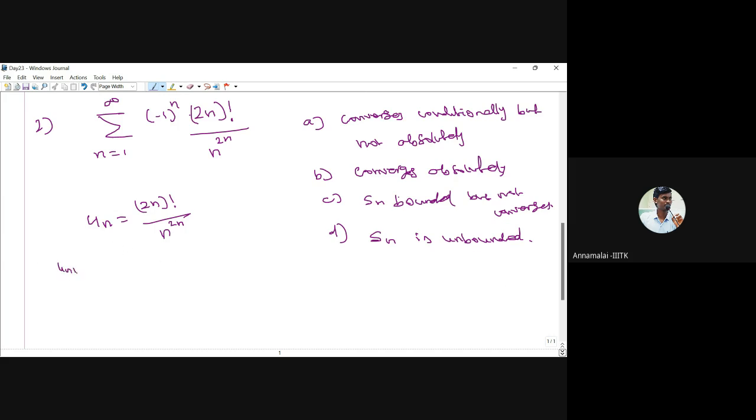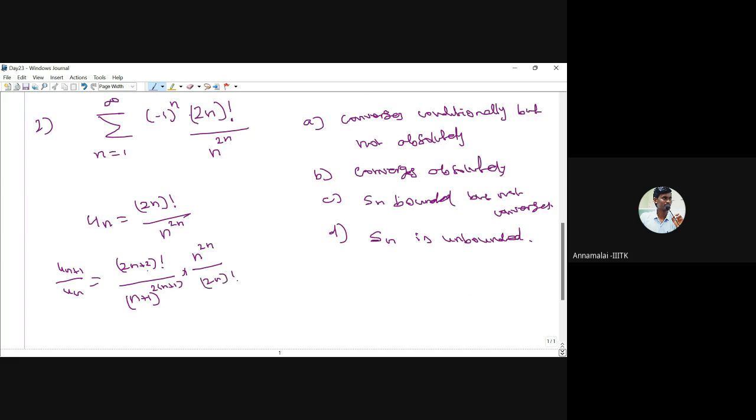Let's find un plus 1 by un. So this is nothing but 2n plus 2 whole factorial, substituting n equal to n plus 1, n plus 1 power 2 into n plus 1, into n power 2n by 2n factorial.